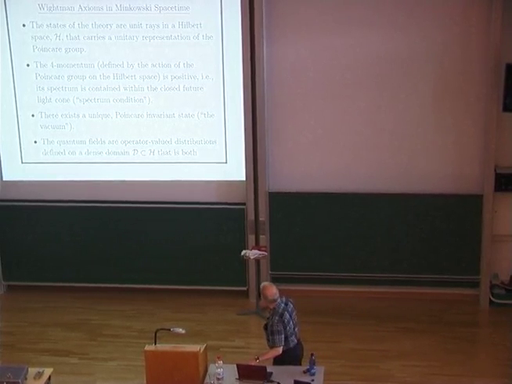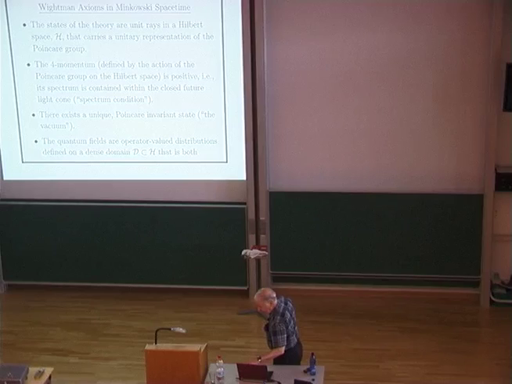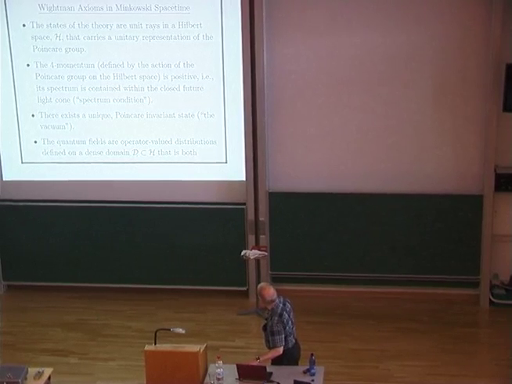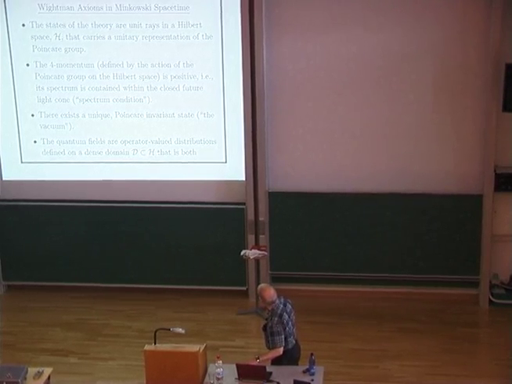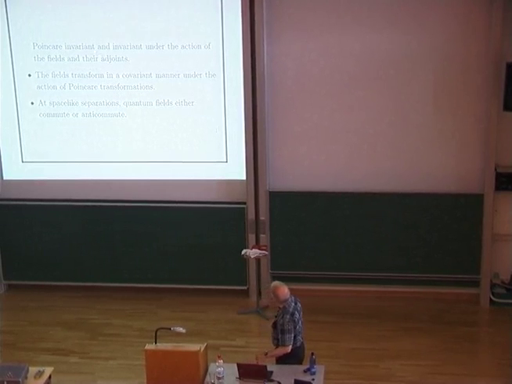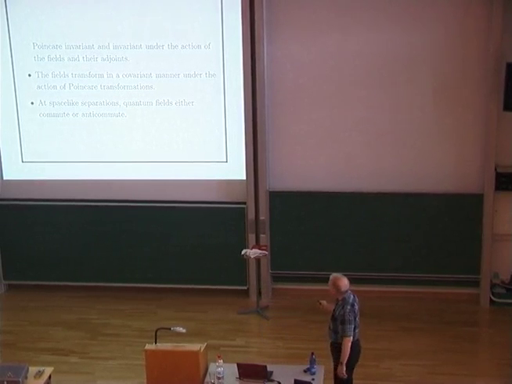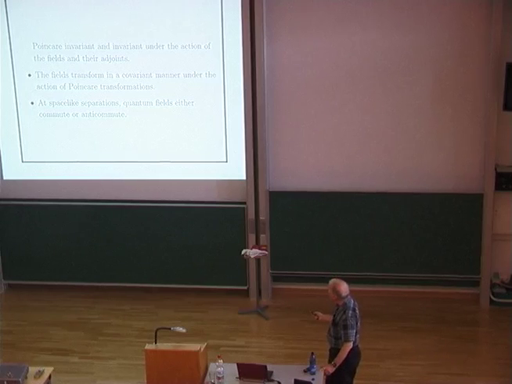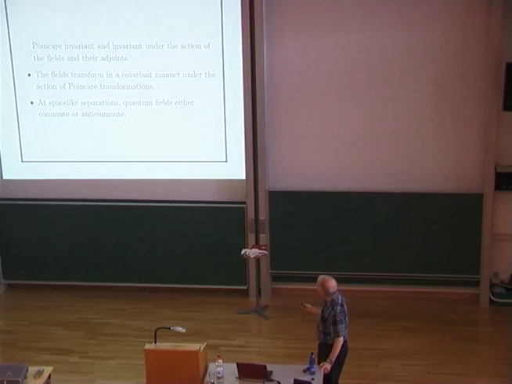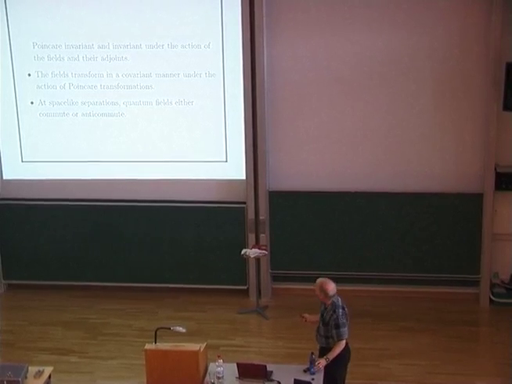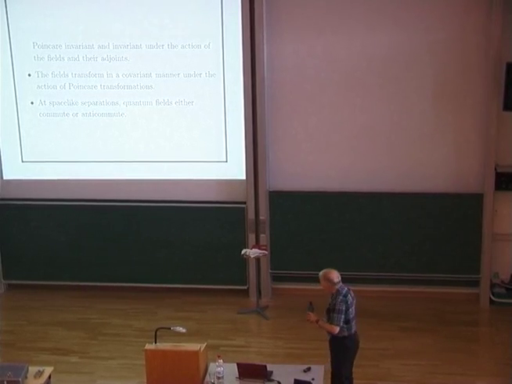Then we have a statement that the quantum fields are represented as operator-valued distributions on a dense domain. Okay, that's not too bad, but the domain is Poincare invariant as well as invariant under the action of fields and their adjoints. Then we've got that fields transform in a covariant manner under Poincare transformations, and then we have a statement that quantum fields commute or anti-commute at space-like separations.